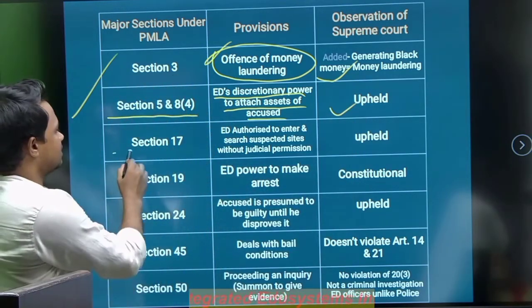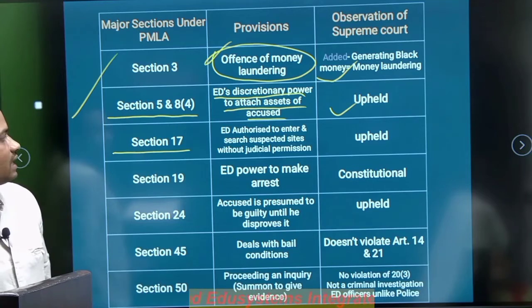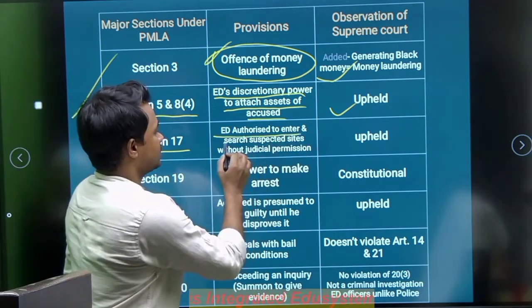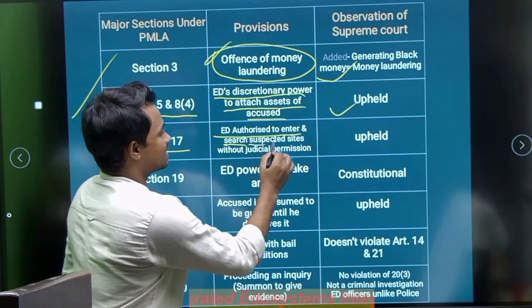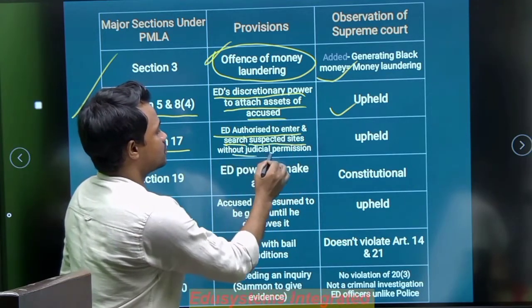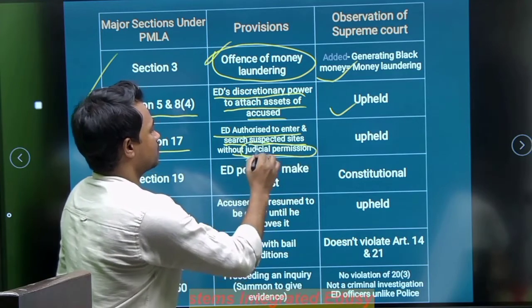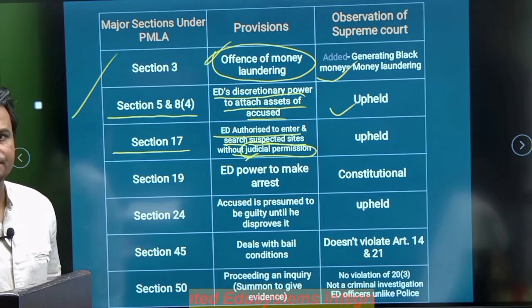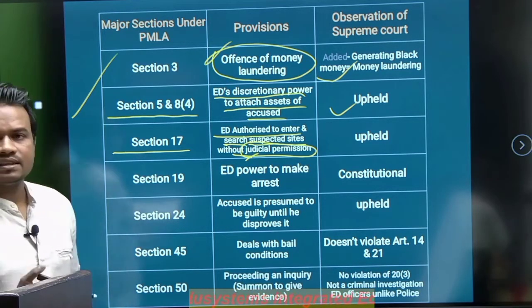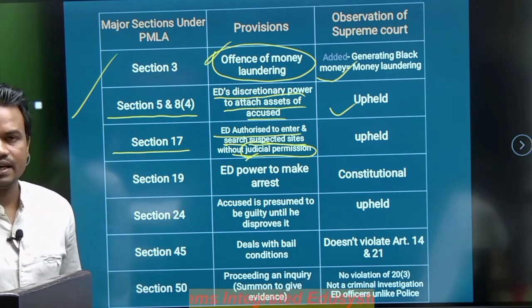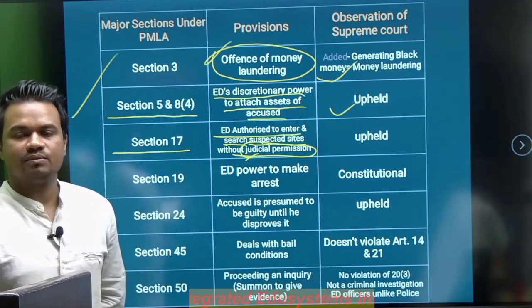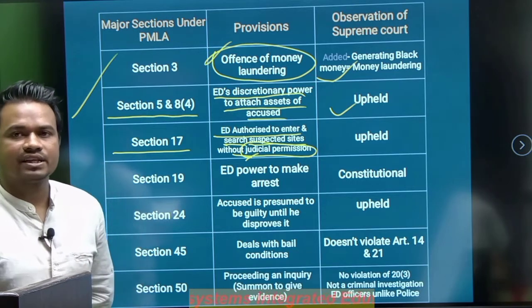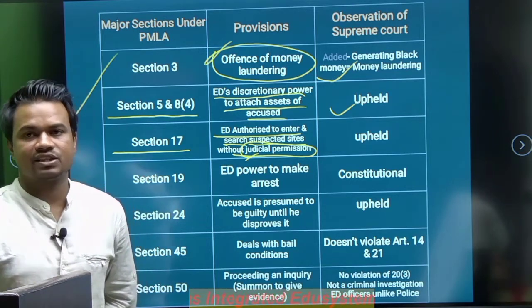The next is section 17 of this act, where the provision is that the ED is authorized to enter and search suspected sites or property without judicial permission. In general judicial course, any investigating agency has to take the permission of the judiciary, and only thereafter can they conduct such operations.